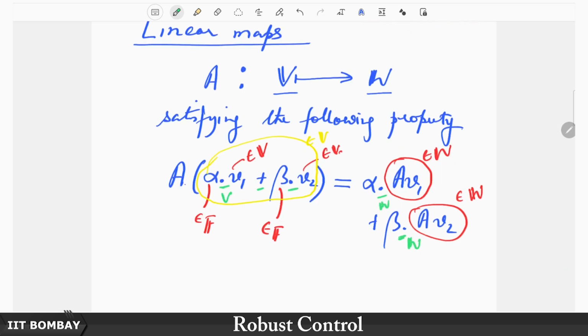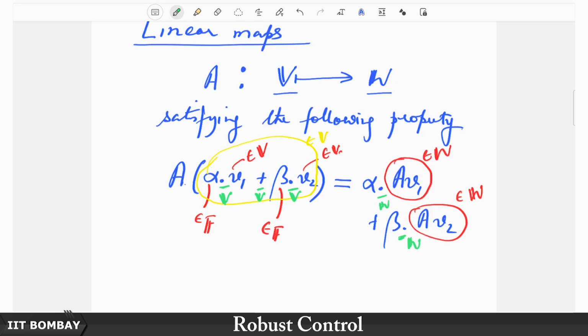Here all these were addition and scalar multiplication, as per the definition in the vector space V. So, all that it says is that if you take a linear combination of vectors in the domain and then act on that element using a linear map, then what you get back is the same linear combination, in some sense. By same I mean that you first get this linear map to act on those individual elements in the domain and then take their linear combination.